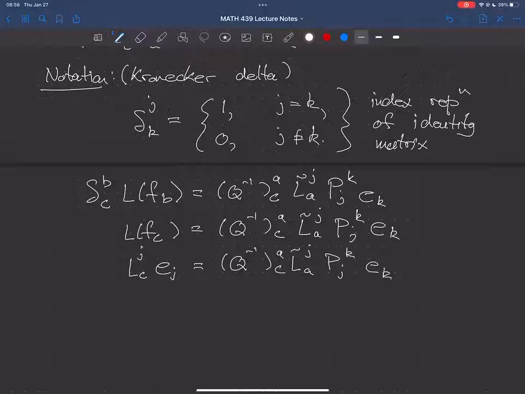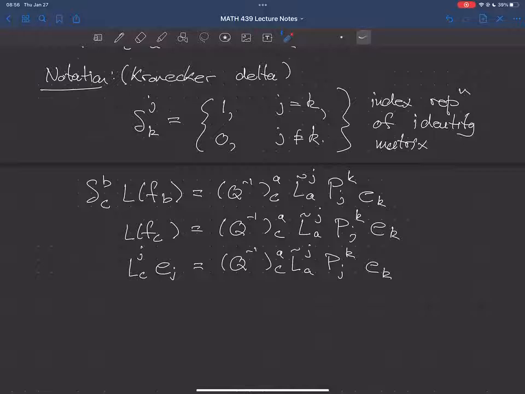Everything I've written here is correct. None of the rules of the summation convention are violated. In each of the terms here, all of the rules of the summation convention hold. I'm summing over repeated indices. One's a superscript, one's a subscript.